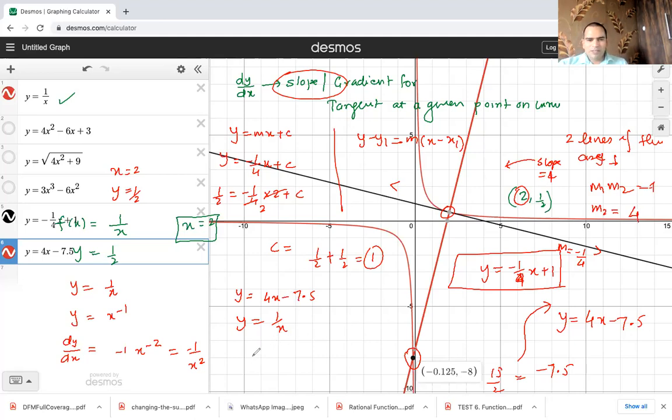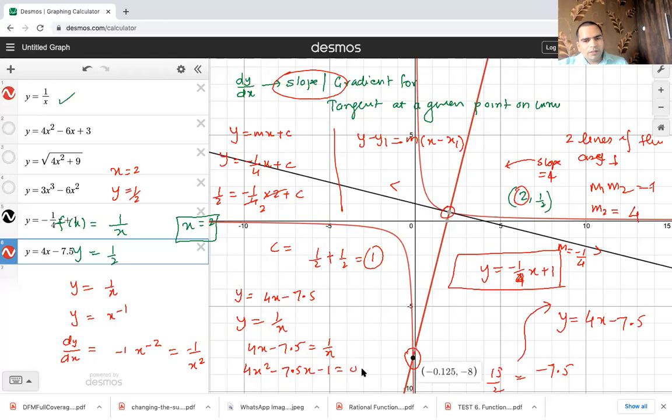I'm just going to equate these two: 4x minus 7.5 equals 1 over x. Then you cross multiply, and it becomes 4x squared minus 7.5x minus 1 equals 0. So you get a quadratic equation, and if you solve it, you get the values of x at which the normal intersects the curve.